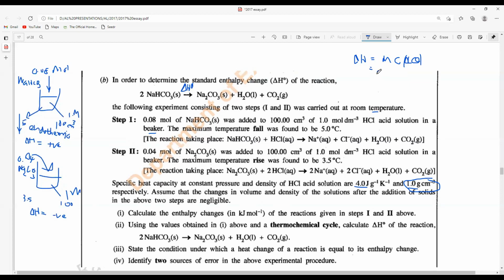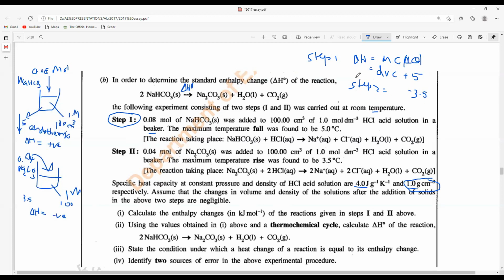For mass, you can use dV because the density is 1 gram per cubic centimeter and the volume is 100 cubic centimeters, because we are ignoring the volume of these solids. So c is given, and for delta theta, remember for step 1 you have to use +5. Don't forget. But for step 2, you have to use delta theta as -3.5.